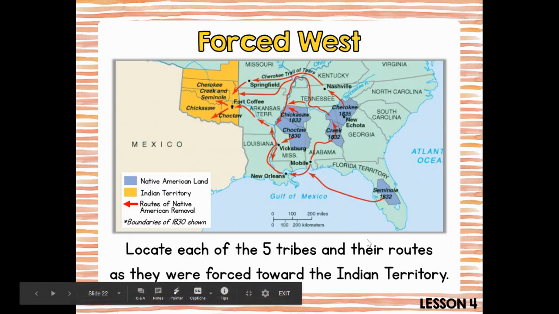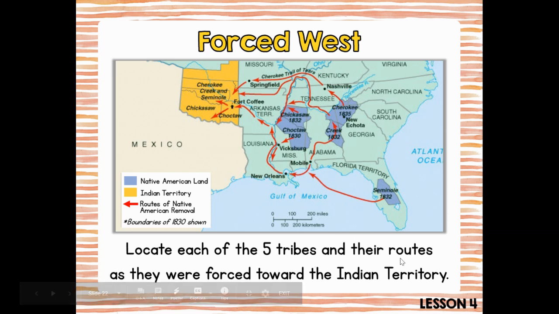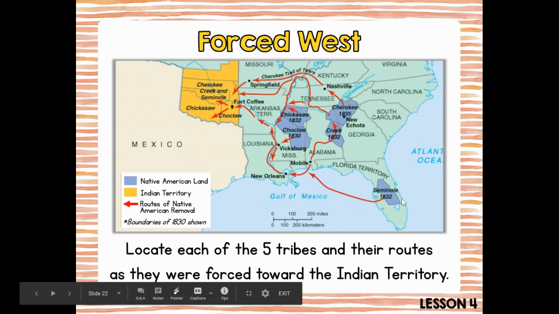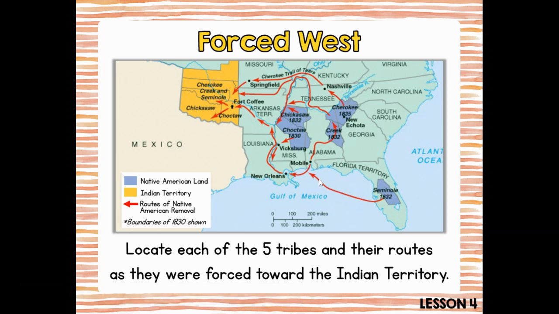All right, so here it says locate each of the five tribes and their routes as they were forced toward the Indian Territory. So the Seminole tribe was in Florida, okay, and they were forced up here through close to basically Alabama, and then they had to come up.